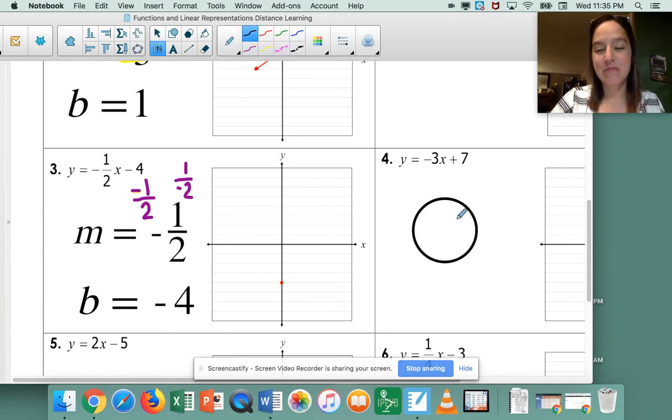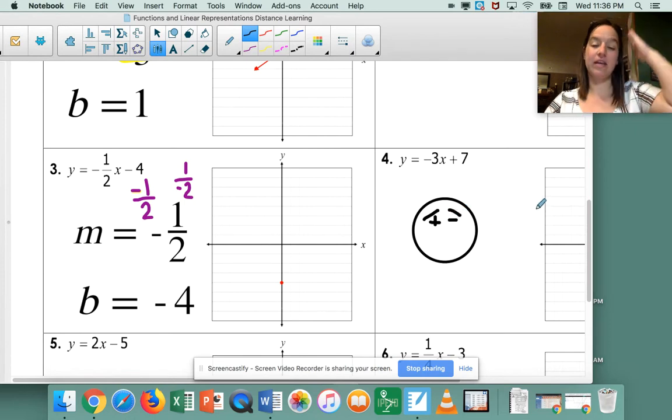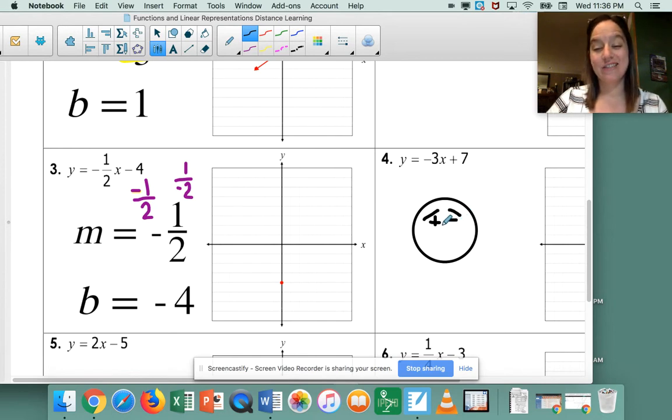So Slope Guy has a positive eye and a negative eye. If my line's going this way, it's a positive. If it's going this way, it's a negative. Slope Guy needs a nose.